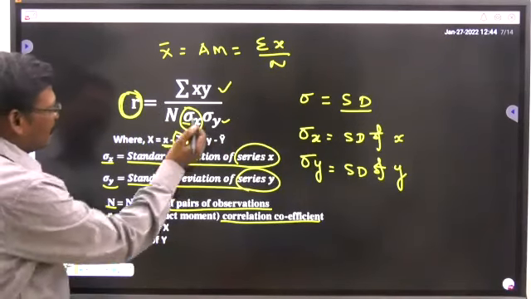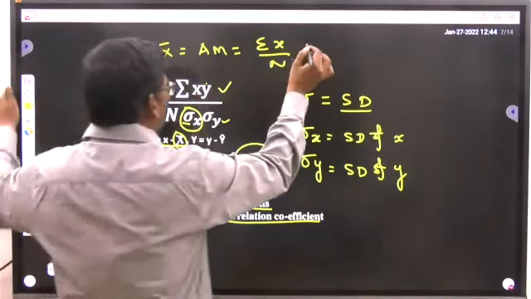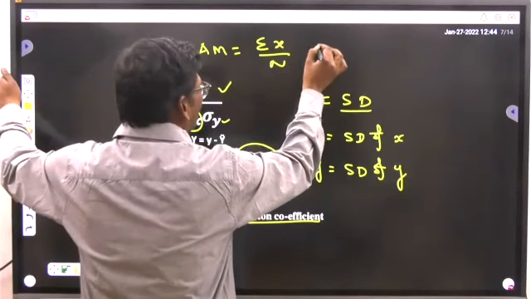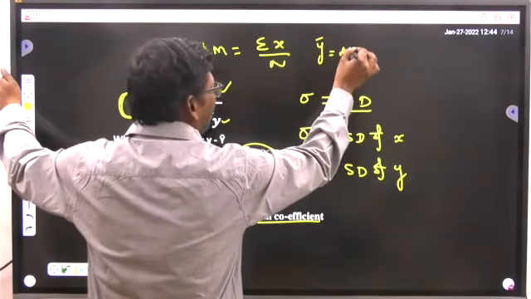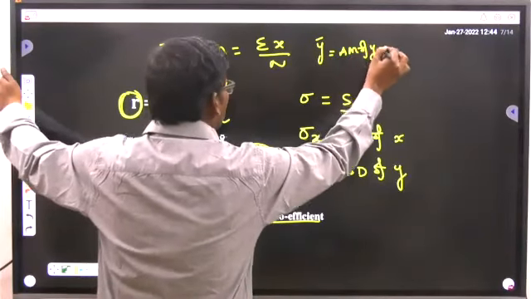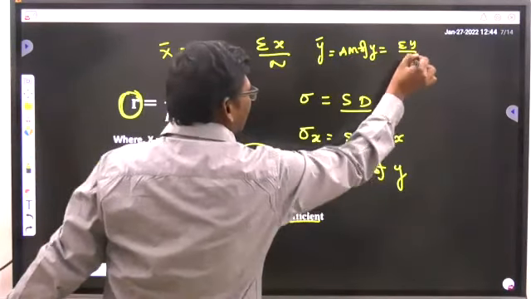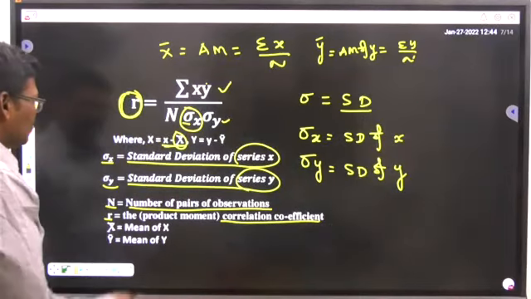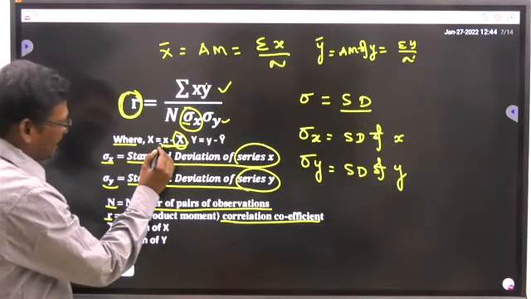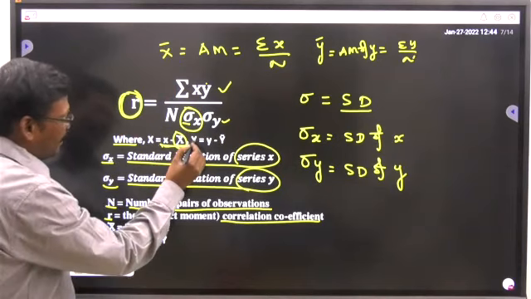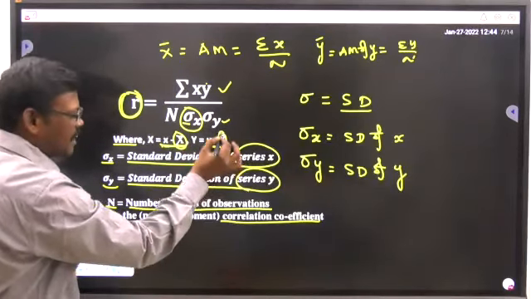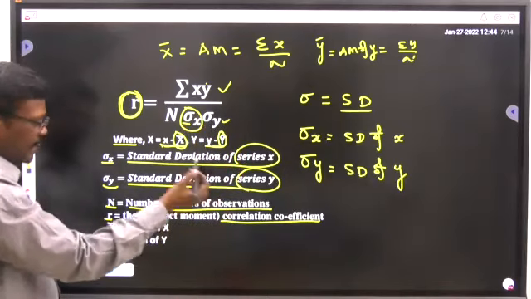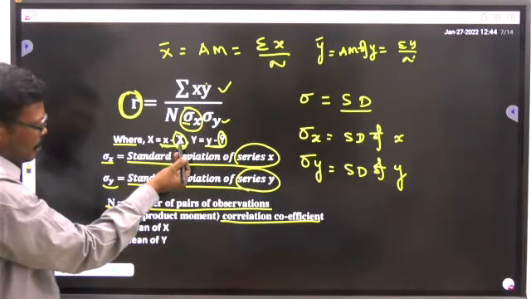Like that, y is equal to y minus y bar. Y bar is nothing but the arithmetic mean of the y series, that is sigma y by n. So where x is equal to x minus x bar, y is equal to y minus y bar.